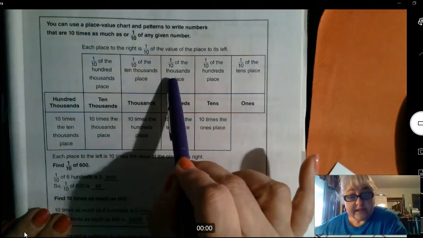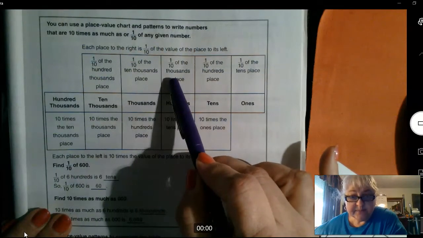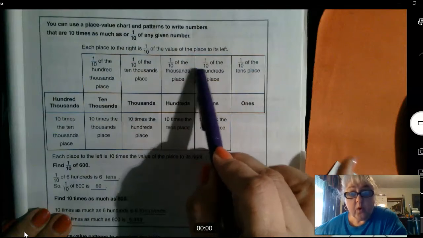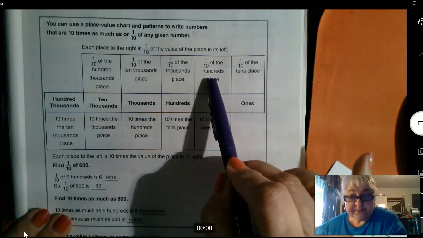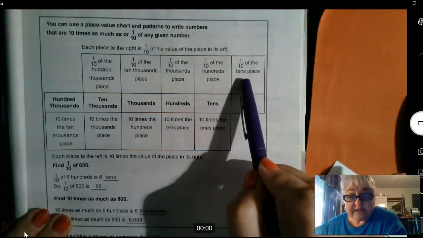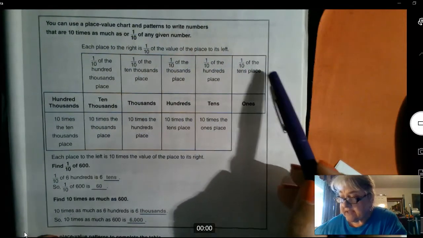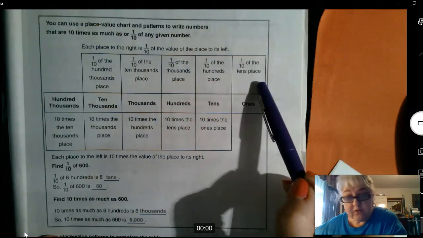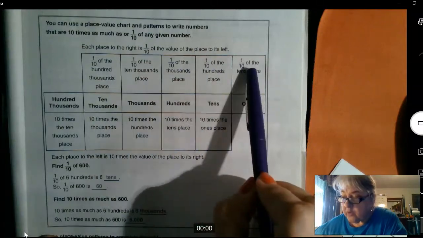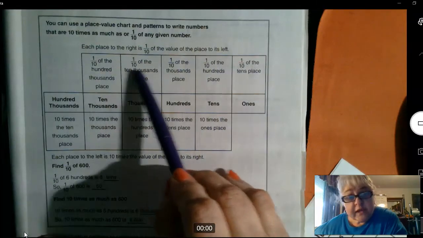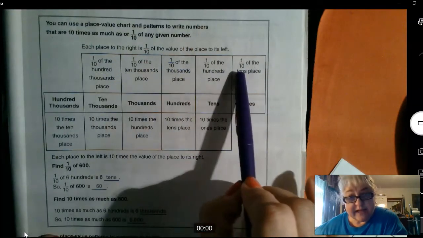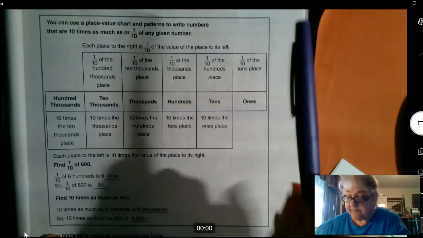Hundreds is 1/10 of the thousands place. Tens is 1/10 of the hundreds place. Ones is 1/10 of the tens place. And if I were to go on to decimals, then a tenth would be 1/10 of the ones place. So when you're going backward, you're getting smaller. It's like dividing by 10 and finding 1/10.